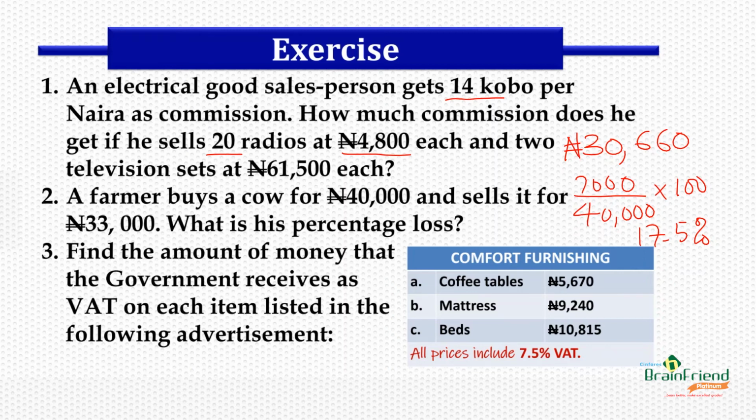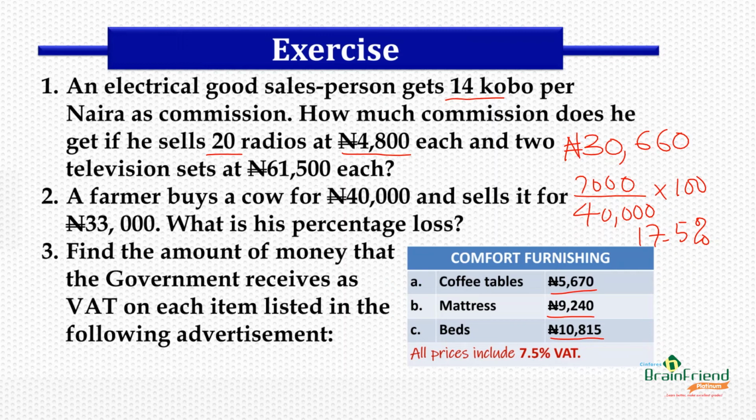So his percentage loss is 17.5%. And lastly, question 3 says, find the amount of money that the government receives as VAT on each item listed in the following advertisement. We have coffee tables at 5,670 naira, mattress at 9,240 naira, and beds at 10,815 naira.